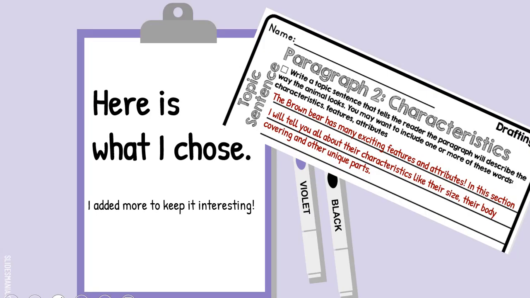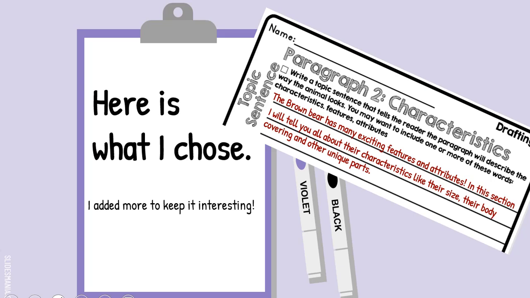So Miss Julia decided to do a little bit more than the topic sentence only. So you can do a little bit more too. So she wrote, the brown bear has many exciting features and attributes. In this section, I will tell you all about their characteristics, like their size, their body covering, and other unique parts.